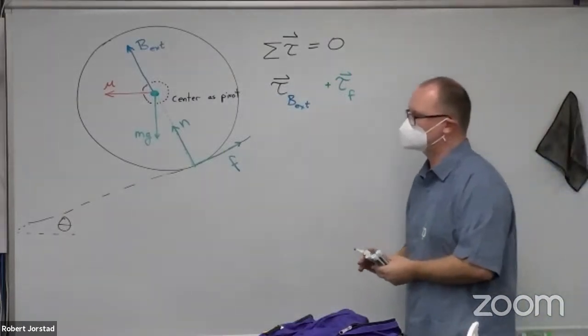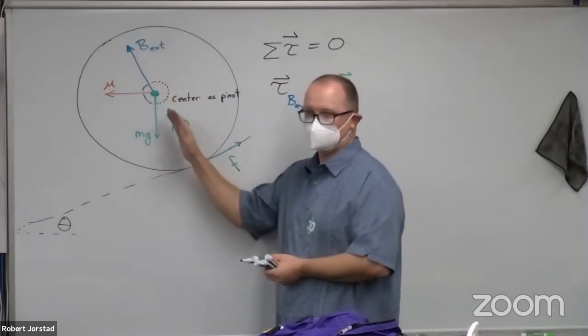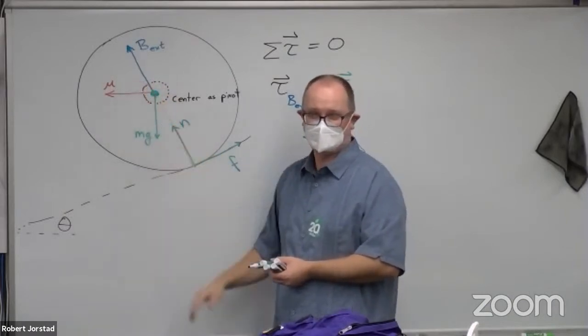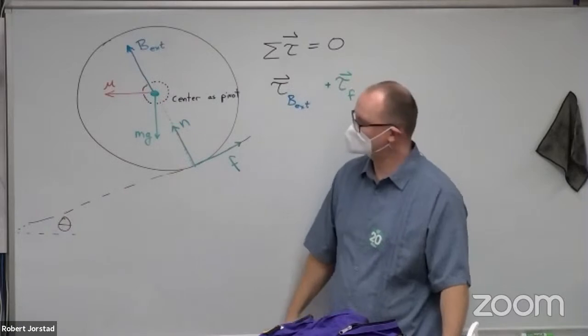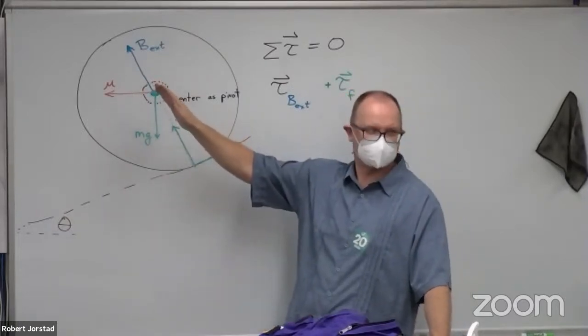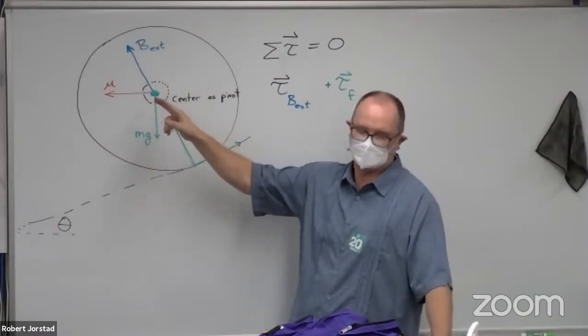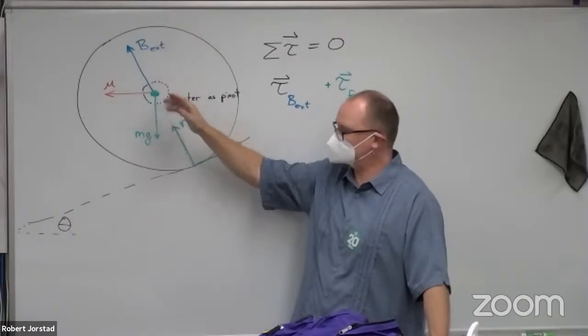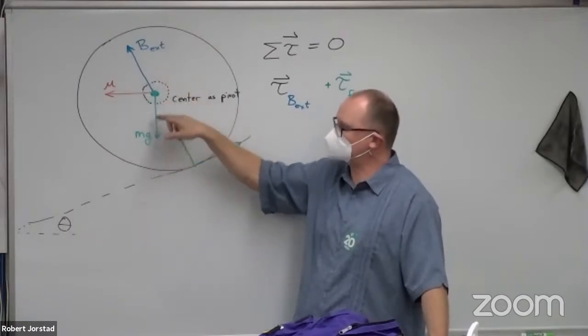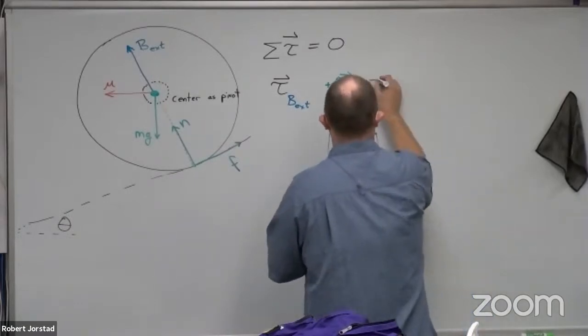Why not? No, it's straight. Normal. Line of action through pivot. Remember that? If the line of action runs through the pivot, no torque. Right? How about mg? Line of action through the pivot, no torque.